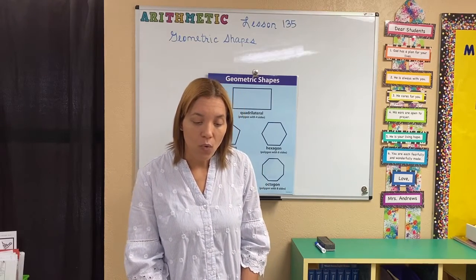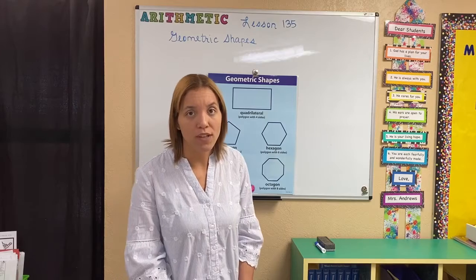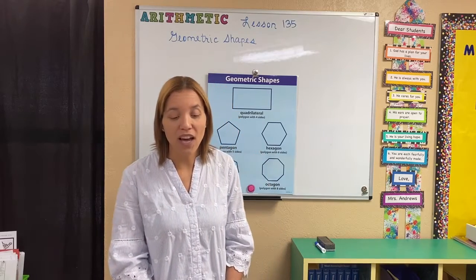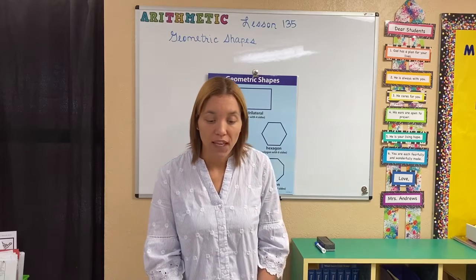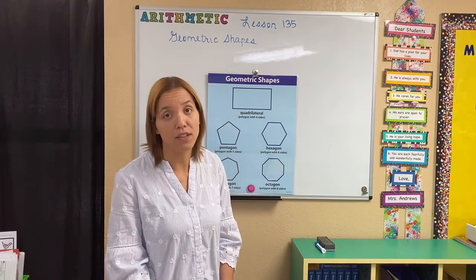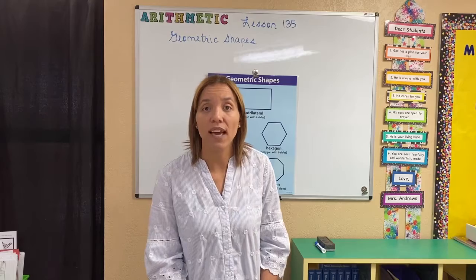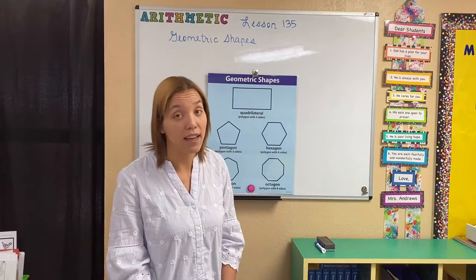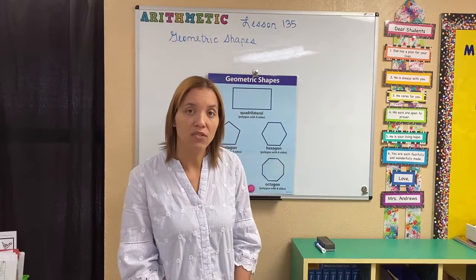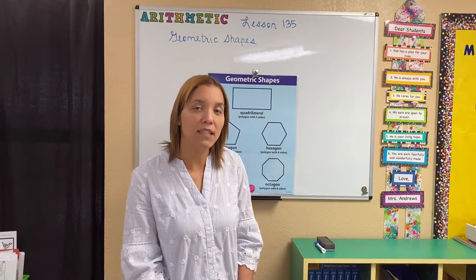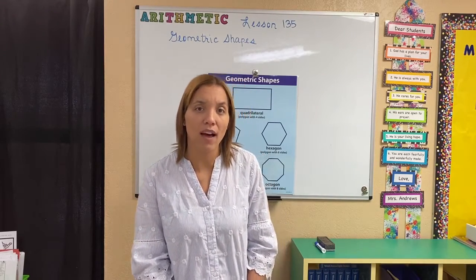Letter B, quadrilateral. A quadrilateral has how many sides? 4. Very good. Letter C, heptagon. How many sides does a heptagon have? It has 7. That's correct. Letter D, triangle. How many sides does a triangle have?